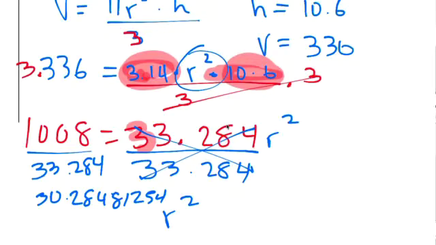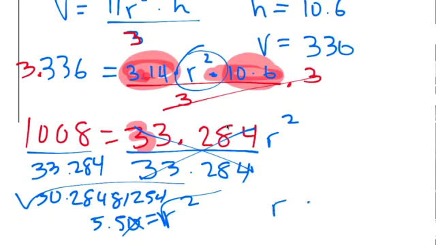Okay, let's put that in your calculator and see. Take the square root of that. The square root of 30.284 is 5.50. That's a 0, so the radius is 5.5.